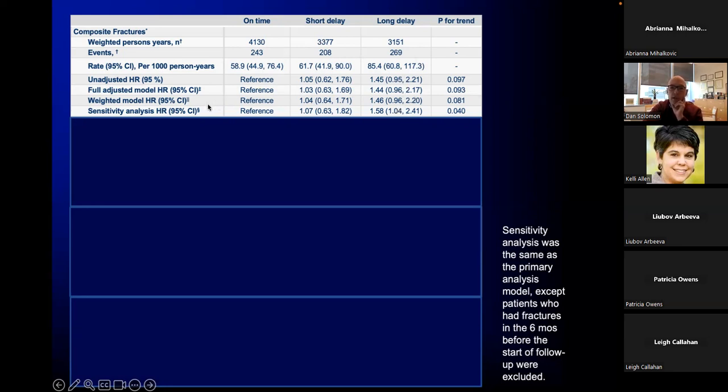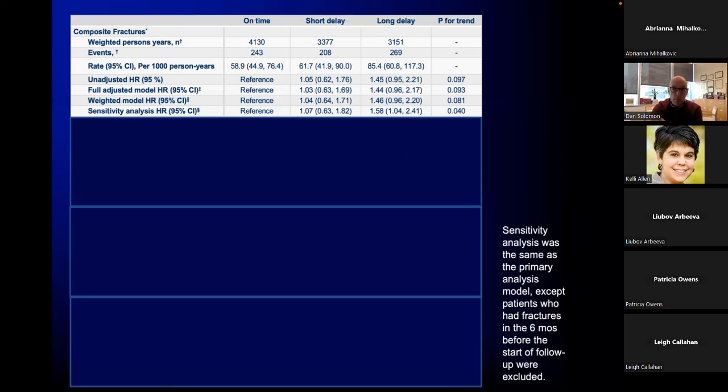This sensitivity analysis was the same, except we dealt with some issues with excluding certain patients who had a fracture that was very proximal to their first denosumab. And there's reasons that I can get into about that, but this showed a higher hazard ratio.